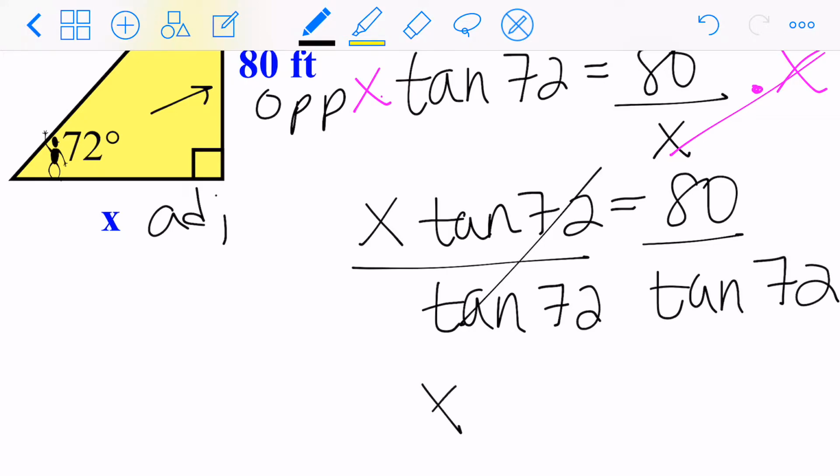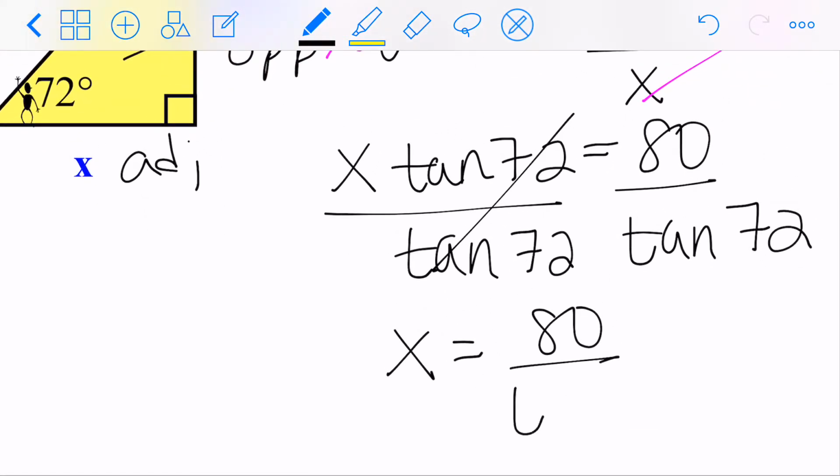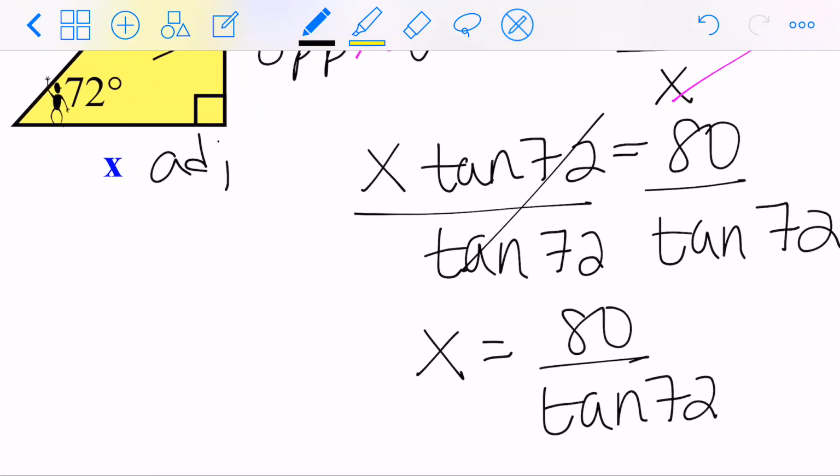So those cancel, and we're left with x equals 80 over tan of 72. Again, plug it into your calculator. When it looks like this, where x is on the bottom, it's always going to be that x and tangent of 72 just switch places. So you can just remember that and not have to go through all the work every time.